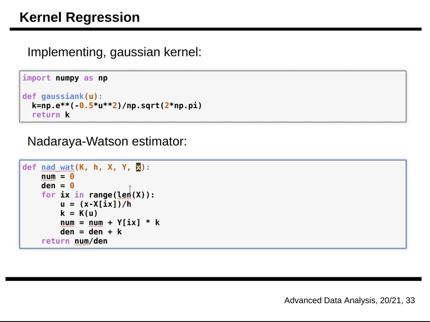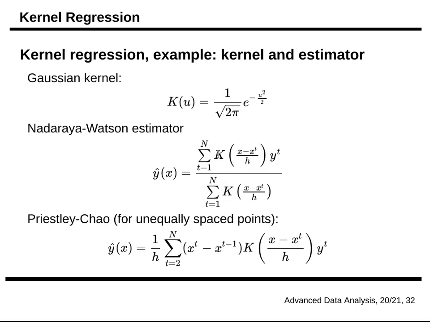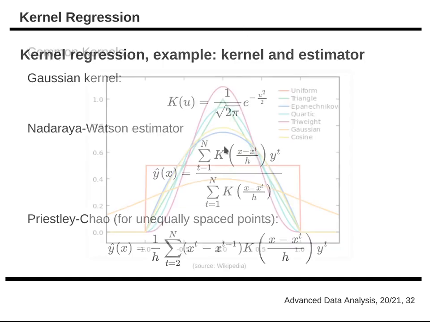So basically what we're going to do is for each point in our data, we're going to compute these sums. So the kernel, using the difference between the point at which we're going to give the estimate and each point in our data, multiplied by the y value, and then divided by the sum of these terms.